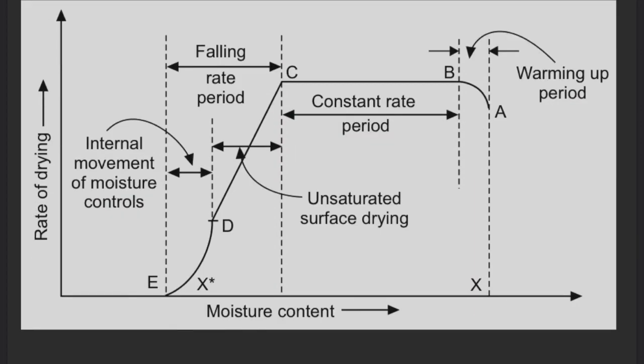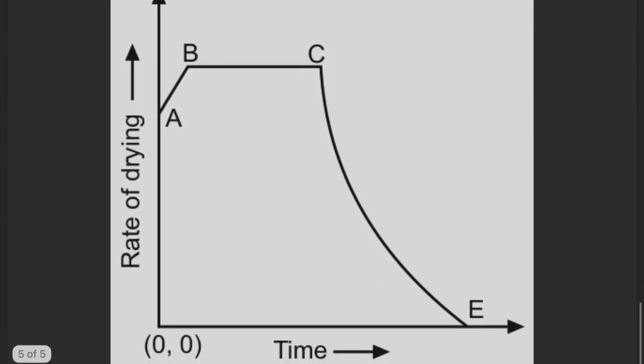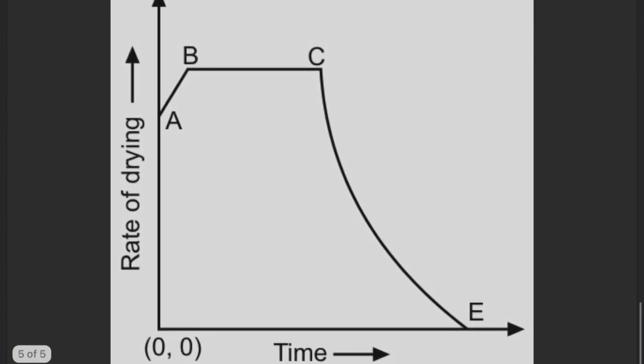Now one more last curve, kind of related to this one, that is rate of drying versus time. Initially, when time is 0, we will have to overcome the initial warming period, as in the previous drying curve we have seen.